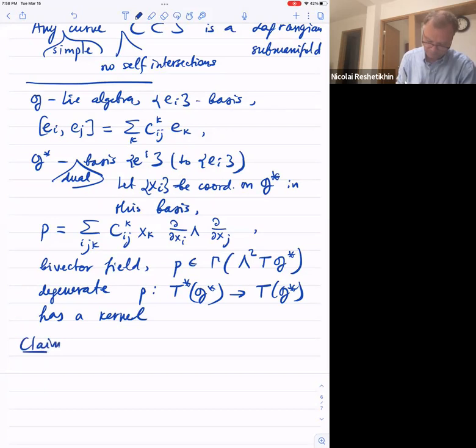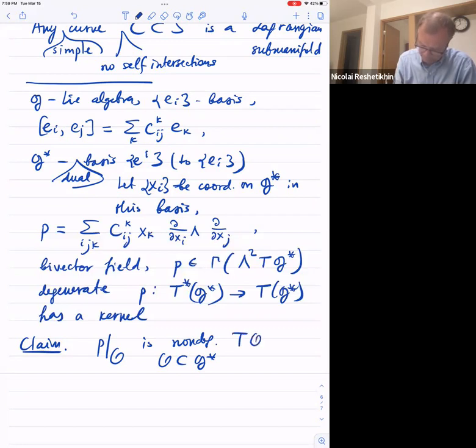The claim is that if you restrict P to any coadjoint orbit, it is non-degenerate, and it gives an isomorphism between the tangent bundle and the cotangent bundle, and that means the inverse mapping is a symplectic form.